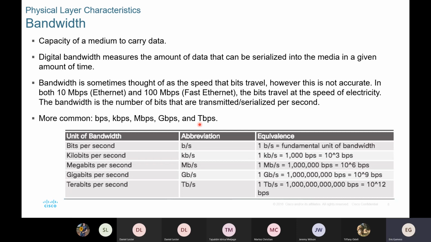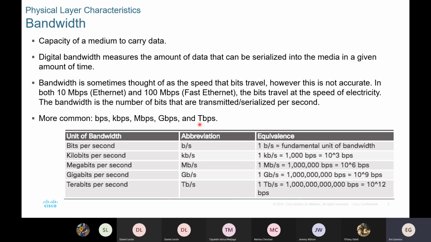So 100 Mbps means that in 1 second, I can insert into the medium 100 million, because it's mega, 100 million bits I can insert into the medium.